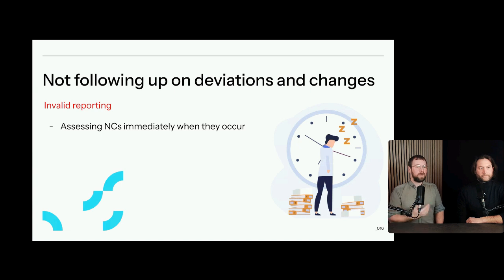So one key takeaway we want you to have today is to assess nonconformities, incidents or incident reports, whatever you'd like to call them, immediately when they occur. Another good example: you follow along in your data and you see an odd temperature spike or an odd change in temperature.